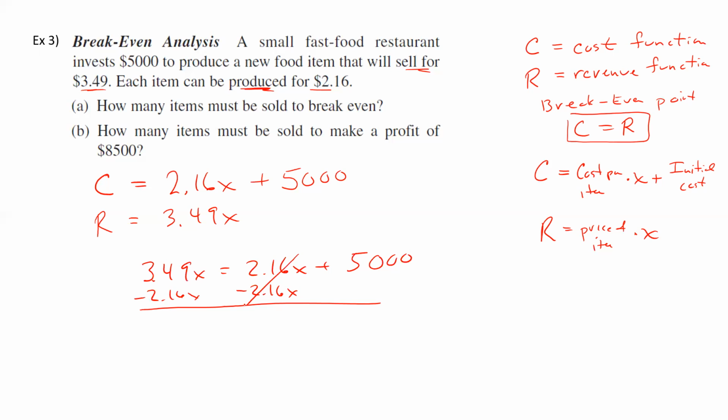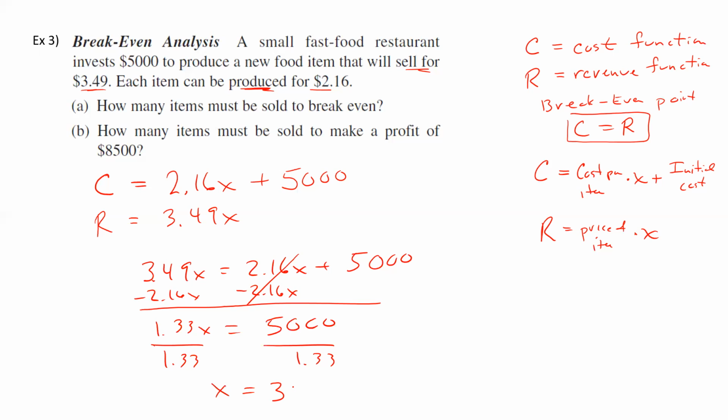349 minus 216. 1.33, perfect. Then you divide them, and then you're dividing this guy into the other one here. And voila, what do we get? About 3,759.